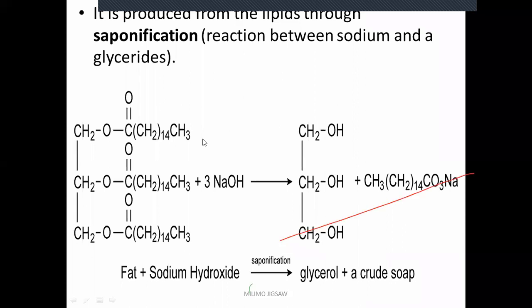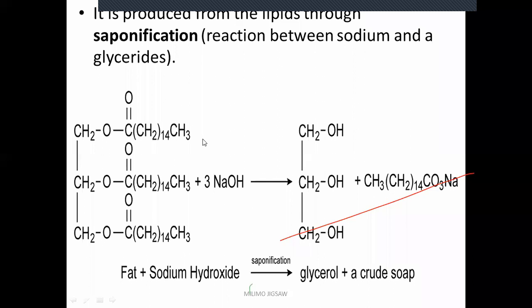Then we've described the fat acids and divided them into unsaturated and saturated. The saturated will contain the maximum number of hydrogen atoms possible. Saturated fat acids do not contain double bonds. Unsaturated fat acids contain double bonds.